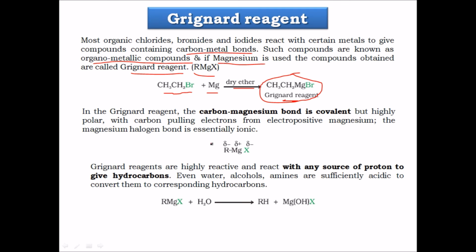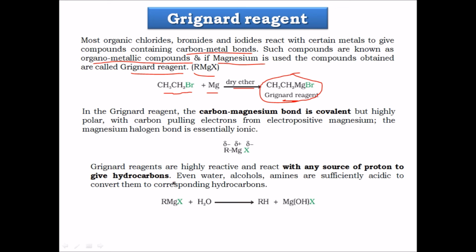The first reaction is the reaction of this Grignard reagent with any compound which is acidic in nature. And the second is the reaction of Grignard reagent with any carbonyl compound, which can be an aldehyde or ketone, which you'll get in the topic alcohols, phenols and ethers, which is actually the preparation of alcohols by using carbonyl compounds and Grignard reagents.